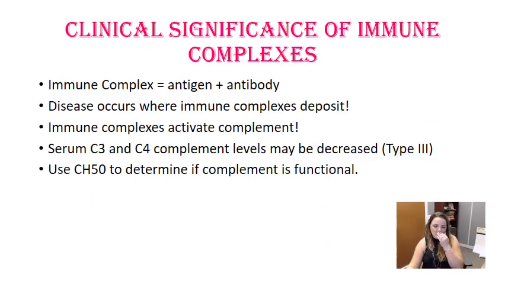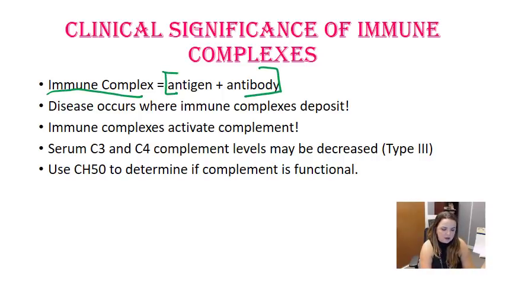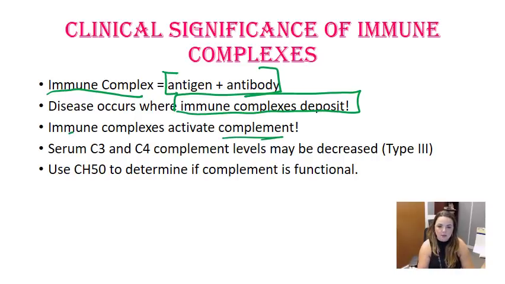All right, so what's the clinical significance of this? You'll learn about this more when you think about type 3 and type 2 hypersensitivities. But remember, an immune complex is just an antigen that has already bound its antibody, okay? Disease will typically occur where immune complexes deposit, and that's because the immune complex itself can activate complement, and complement is super potent.